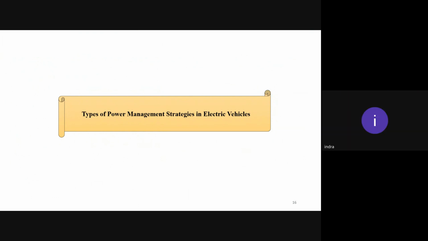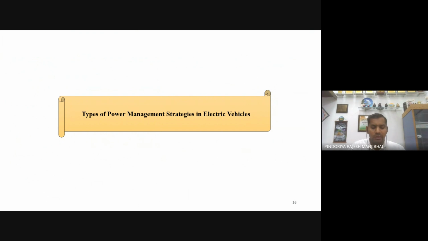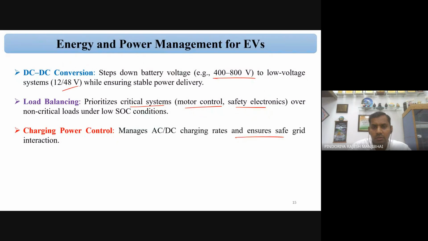Active cell balancing means, normally a battery pack is designed by the combination of cells, correct? So we can say this is the battery pack, and it is a combination of cells in series and parallel.